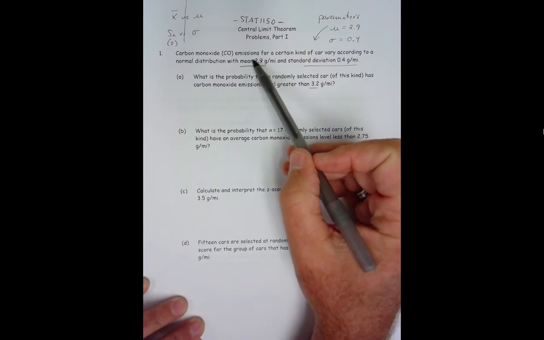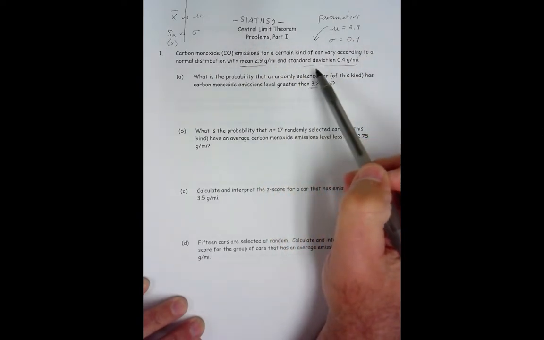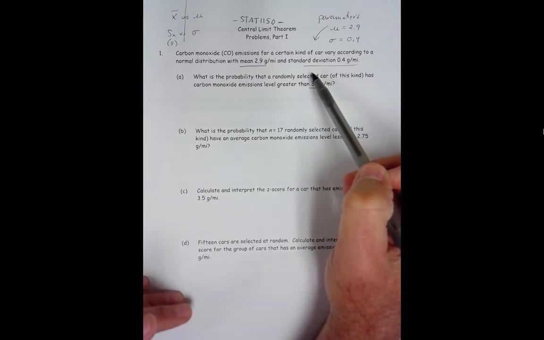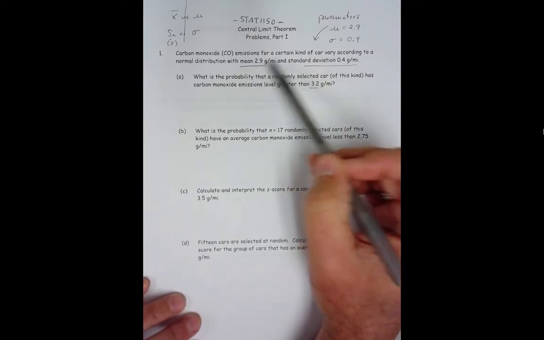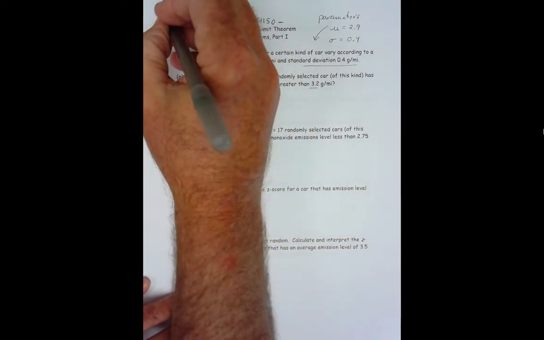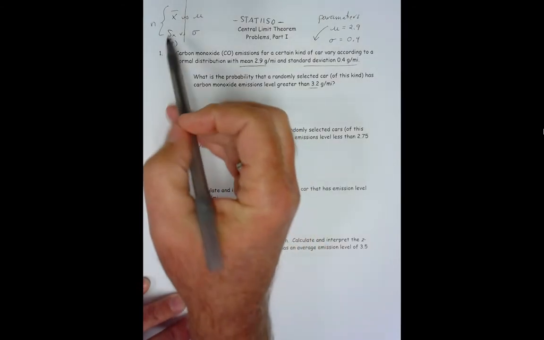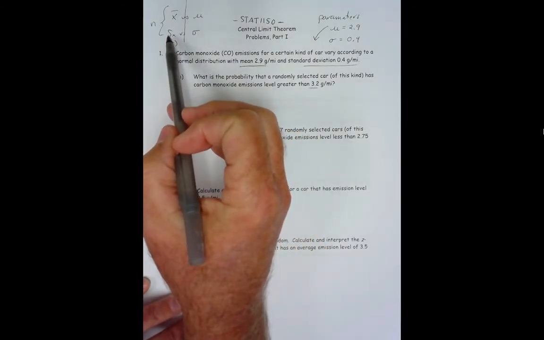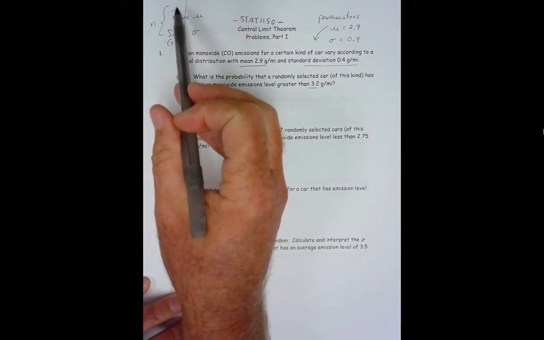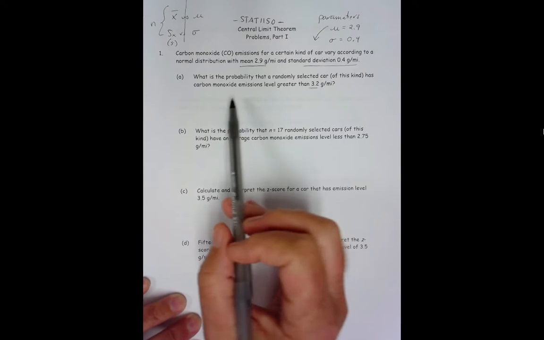If the number is describing a population, the larger group of scores, then we have mu and sigma. If it's talking about the values from a particular sample size n, then these are given as a statistic, and they represent measurements that come from a sample. All right, so let's work the problem.